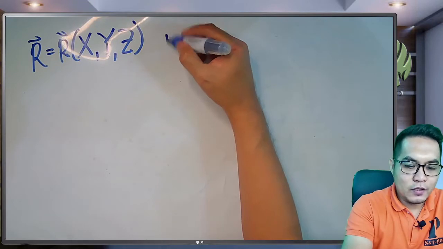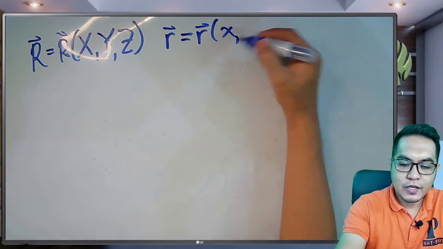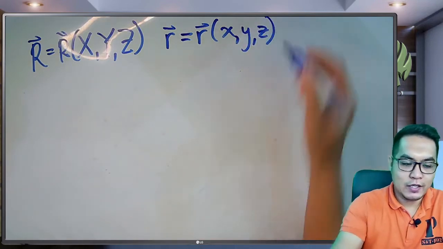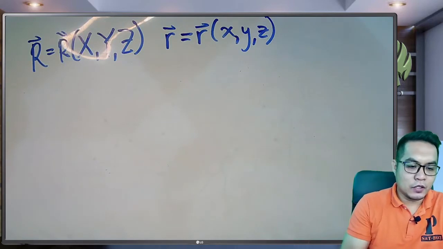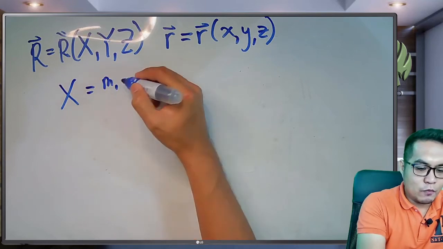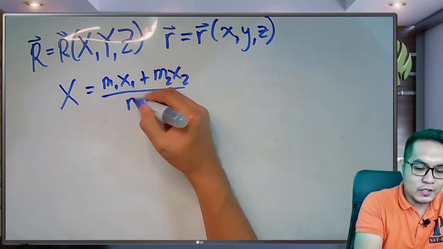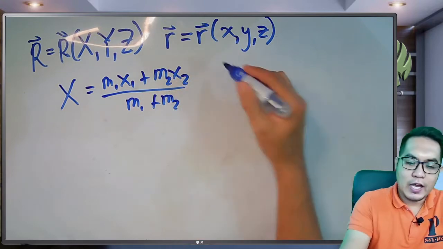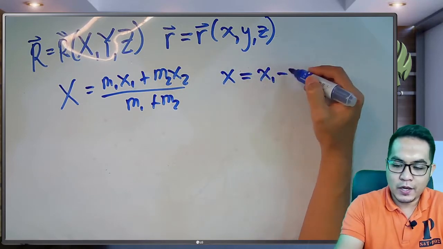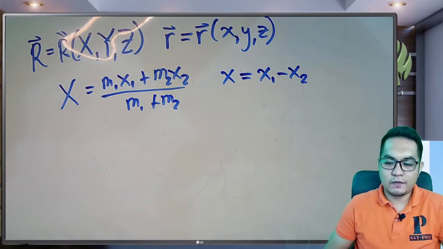And the small r, the separation distance r, is a function of the separation distance for the x, the y, and the z. So for instance, capital X is just equal to m1 x1 plus m2 x2 over the total mass m1 plus m2. And the small x, the separation distance x, is just x1 minus x2. So it's still based on our three-dimensional vectors.